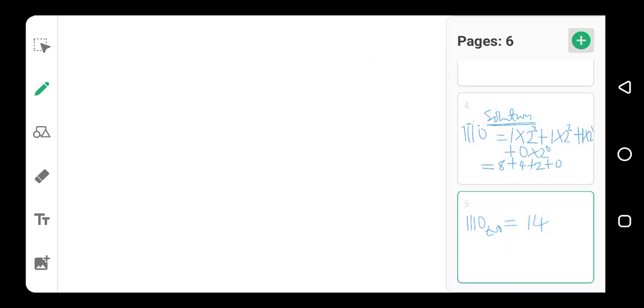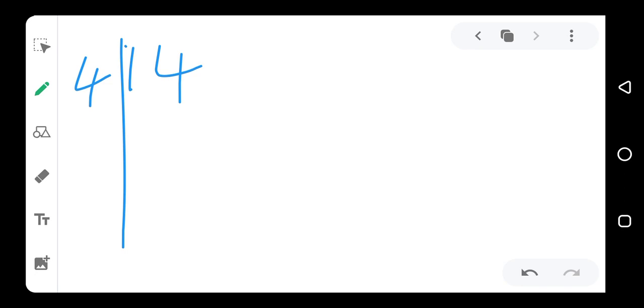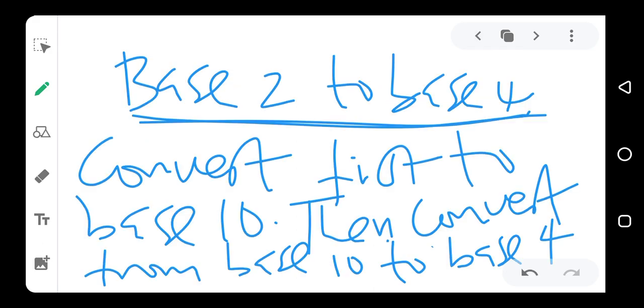How do we do it? Is this base 3 or base 4?